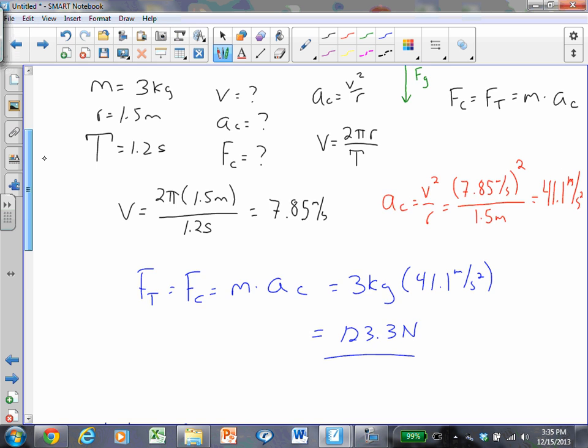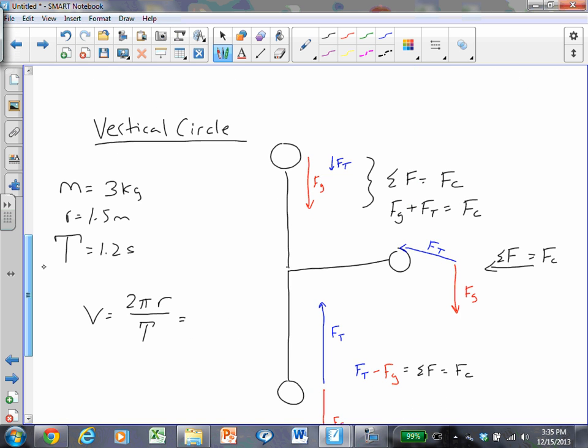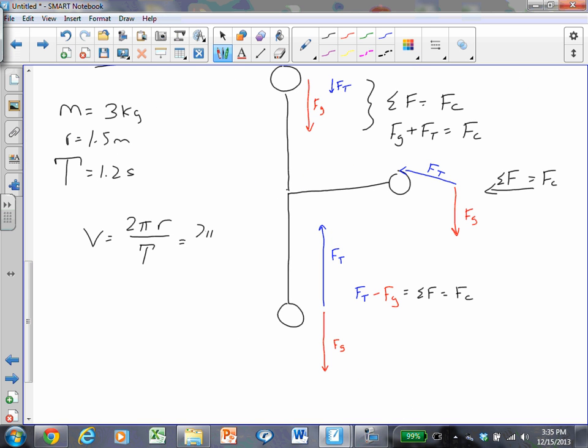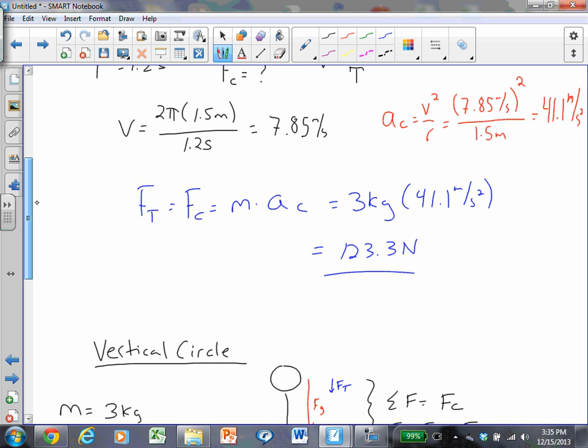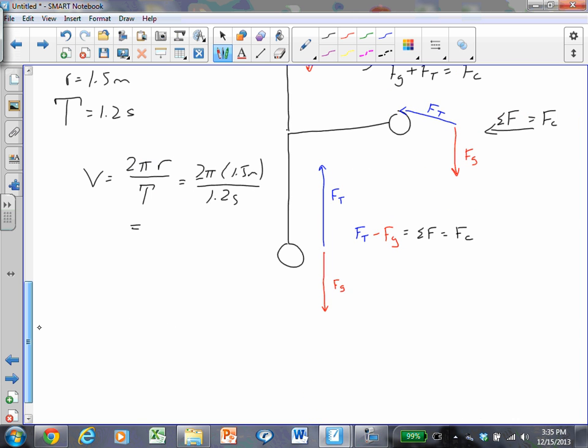It would be 2 pi times 1.5 meters over 1.2 seconds. It would still be 7.85 meters per second. So the speed is staying the same as it goes around. And the centripetal acceleration would be v squared over r. And that's staying the same.